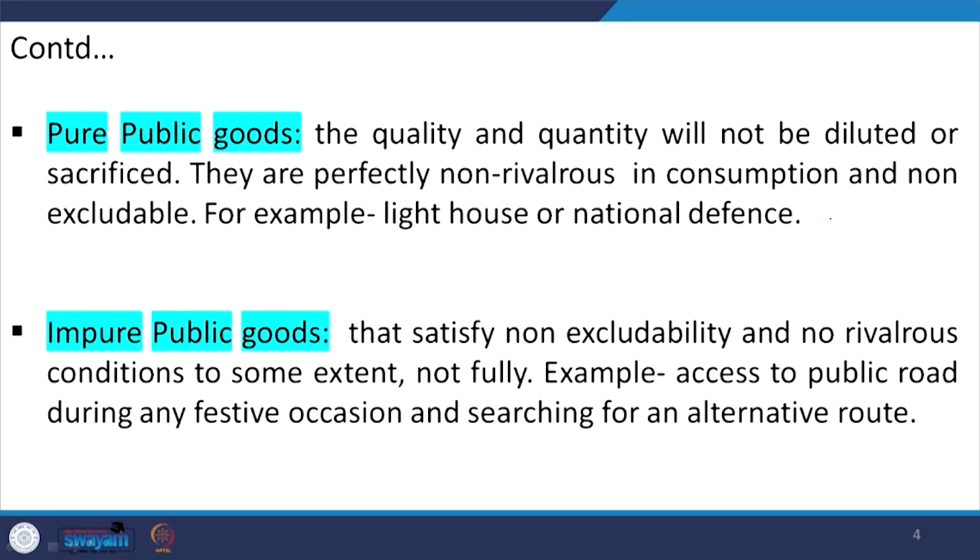As all of you know, a public road is also a public good, because everyone can get access and no one can exclude you from accessing it. And if you are accessing it, you are not preventing the access of the second person who desires to travel on that road. However, during festive occasions in a particular region, or regional or cultural occasions, we can find congestion on a particular road.